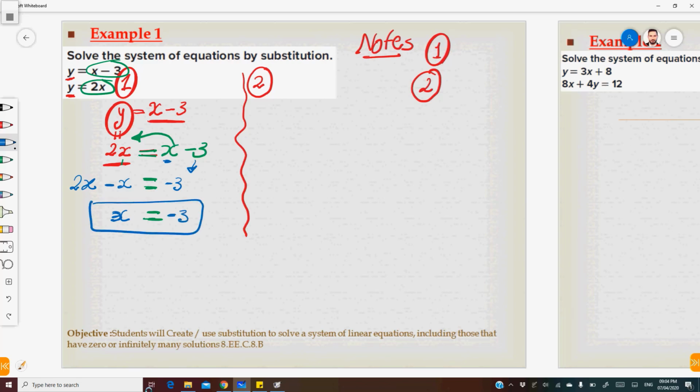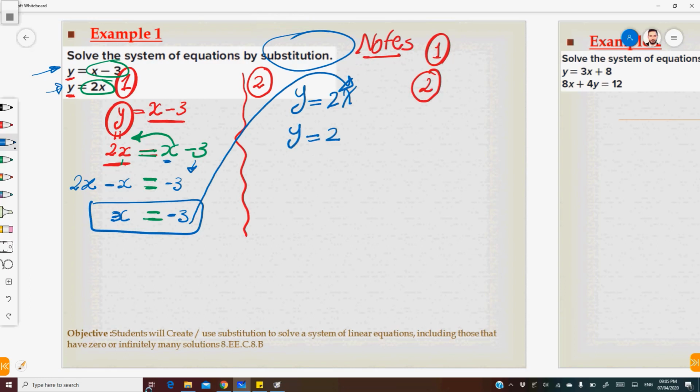After finishing and getting x equal to negative 3, you have to replace, to use the word substitution. You have to replace x equal to negative 3 in any one of these two equations. It's up to you. You can use y equals 2x. If you use y equals 2x, you will replace x with the number negative 3. Then y equals 2 times negative 3, so it will become negative 6.